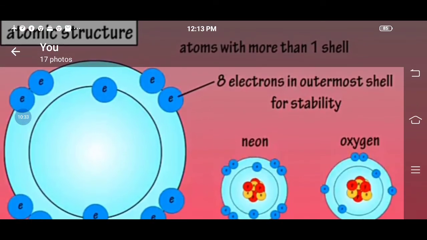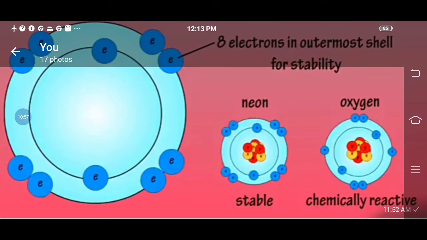Next, coming to oxygen. Oxygen has atomic number 8, that means 8 electrons are there. If we write the electronic configuration, in the first orbit there are 2 electrons, and in the second orbit there are 6 electrons.